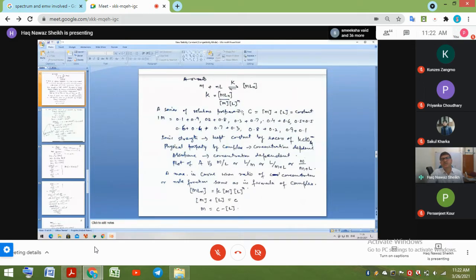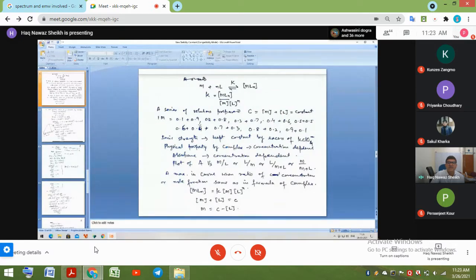A series of solutions are prepared whose concentration of metal plus ligand is constant. So that is, say, 1 molar. If you are to prepare a 1 molar solution of ligand plus metal constant, in the first solution the metal concentration is 0.1 and the ligand concentration is 0.9.